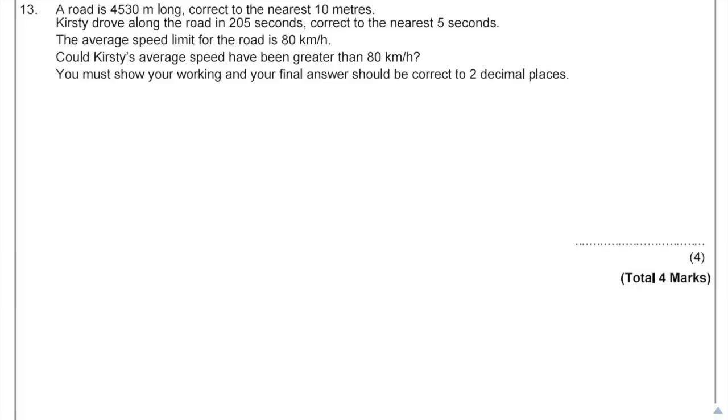Okay, so we're given a distance and we're given a time, so we can work out the speed using the formula distance equals speed times time. So we can rearrange this to get the speed.